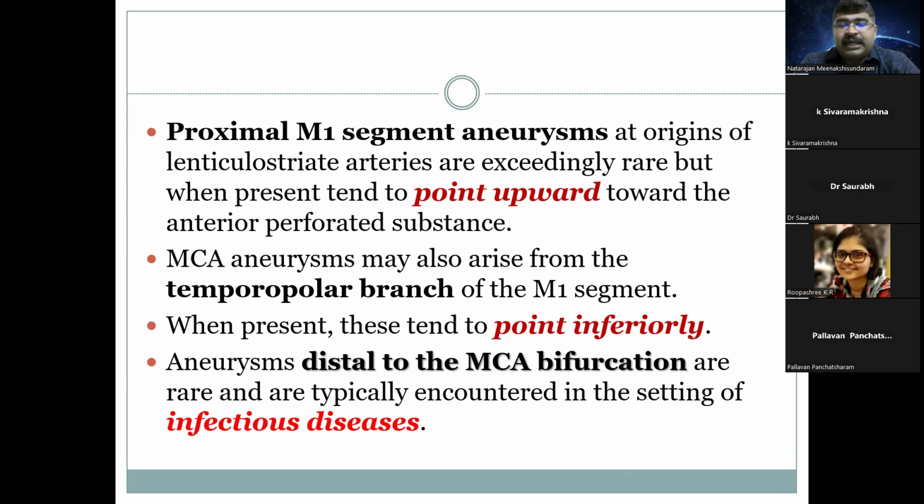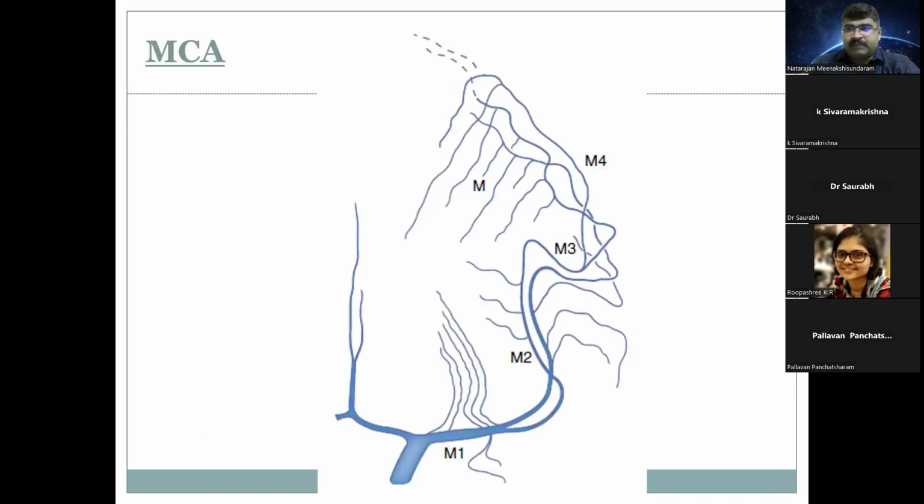When you get aneurysms in the A3, A4, and A5 segments of the ACA, which is quite rare, that can occur commonly in traumatic or mycotic aneurysms or infective diseases. So distal to the MCA bifurcation, if you have an aneurysm, suspect some infectious disease. It's not a standard dictum, but it should always be kept in mind.